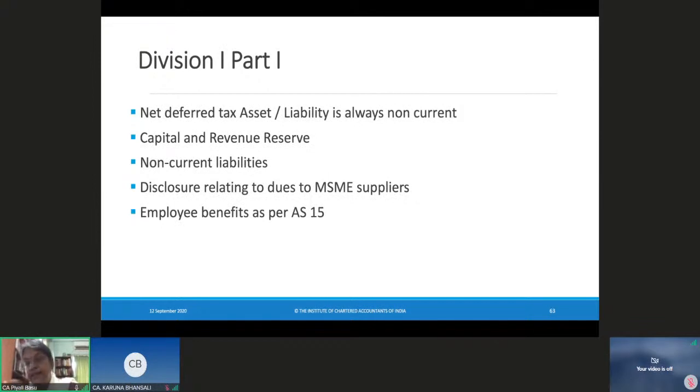And surplus, that is the balance in the statement of profit and loss, which is meant for allocation to dividend, bonus shares and things like that. A reserve specifically represented by earmarked investment shall be termed as a fund.